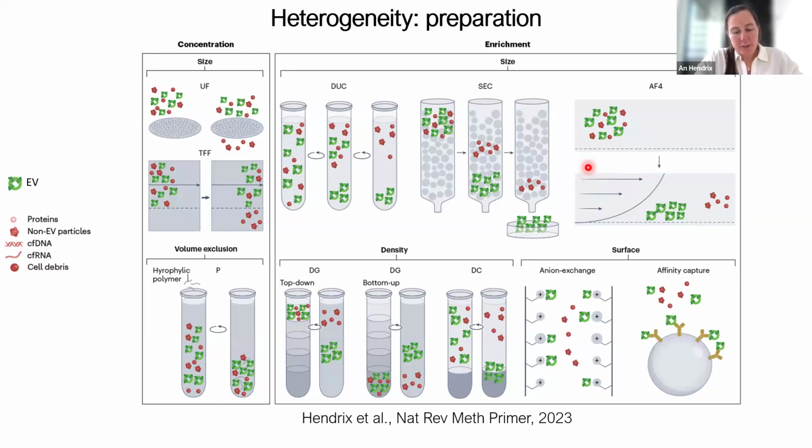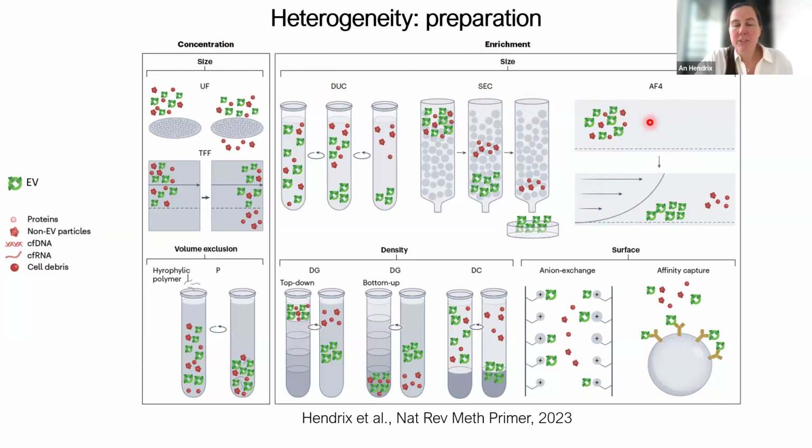And depending on the method that we use, these methods will result in a concentration of vesicles from the sample of interest or a further enrichment of vesicles from the sample of interest. Typical characteristics that are exploited are, for example, the size.